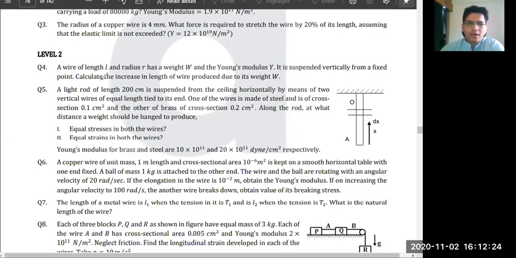A light rod of length 200 centimeters suspended from the ceiling horizontally by means of 2 vertical wires. One of the wires is made of steel and its cross section. Equal stress in both wires, equal strains in both wires. Now let's try to solve this. Everyone, just go through the problem. I'll just take the snapshot.